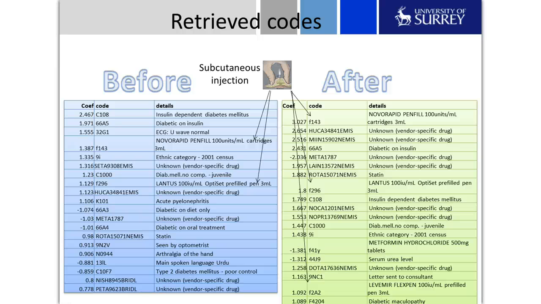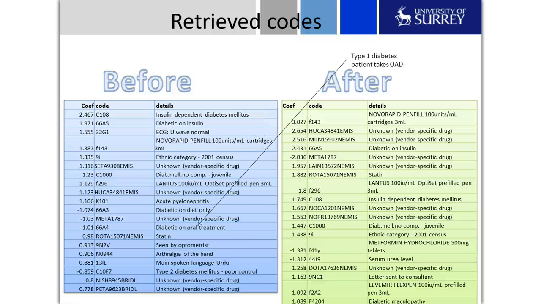So patients with type 1 diabetes are likely to have insulin injected into their body because the body cannot produce insulin. The coefficients are positive, as you can see. So the patients with these codes would suggest type 1 diabetes.